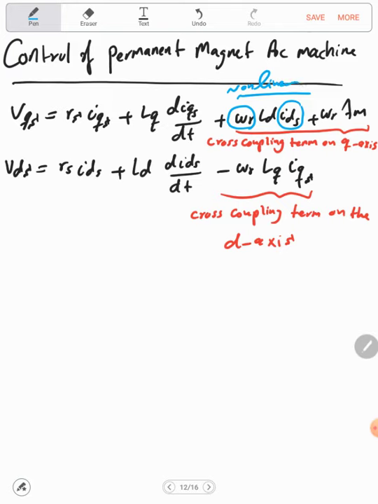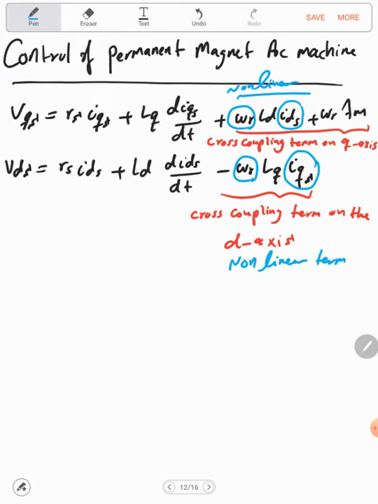The same thing here, we have omega r, a state variable, multiplied by IQS, another state variable, so this term is a nonlinear term, which will complicate the model and hence will complicate the control design. So the first thing we should think about is how we can cancel the cross coupling terms. Now the answer can be found from feedback normalization.